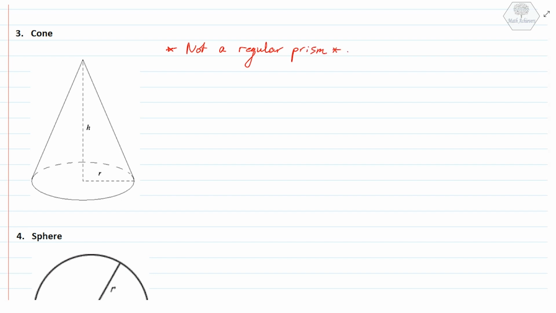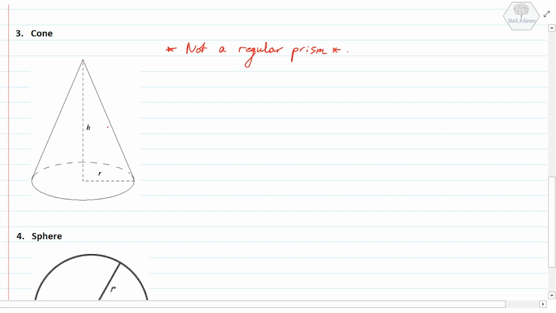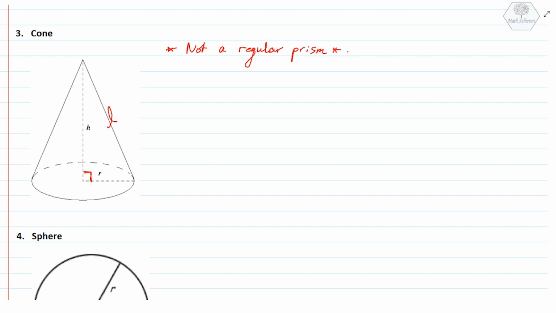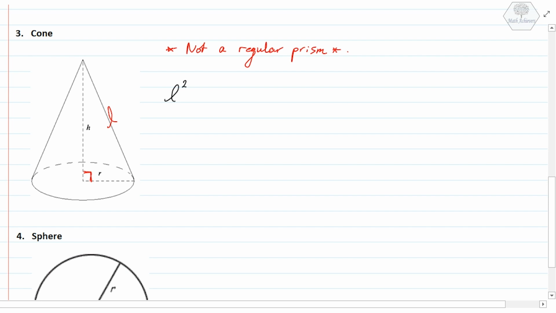Very important about the cone, there is a measure called the slant height, which is L. And since I have a 90 degrees angle between the perpendicular height, which is h, and the radius r, I can use Pythagoras theorem in order to find L. So the hypotenuse squared, which is L squared, is equal to h squared, the perpendicular height, plus the radius squared.